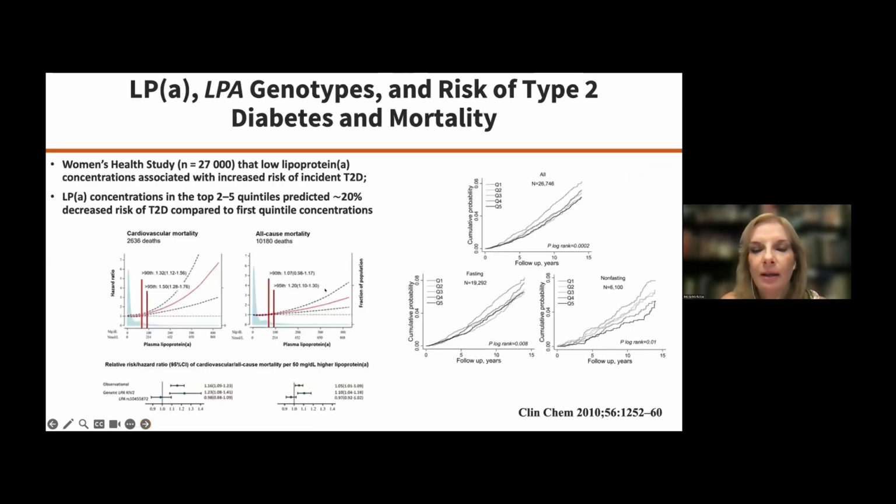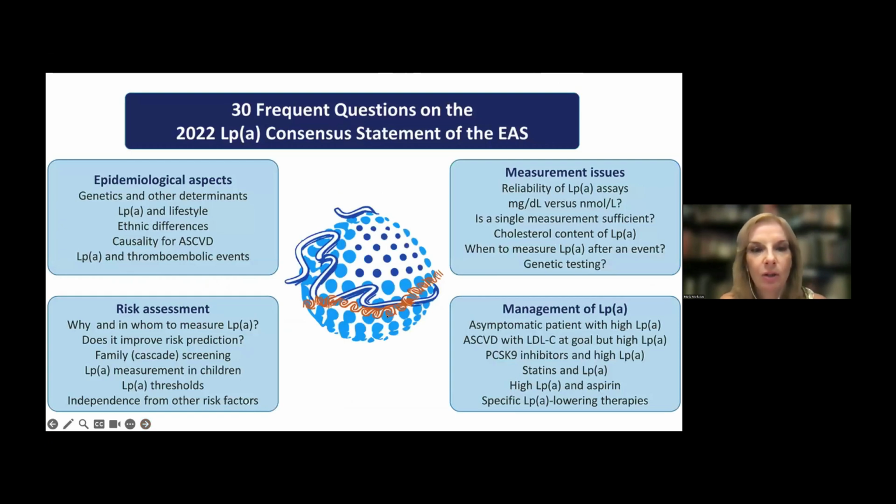Another finding that we cannot explain so far, and it was a surprising finding, from another large population study, is that LPA had an inverse relation with diabetes mortality and incidence of diabetes. Lower LPA levels were related with higher incidence of diabetes. This is something that I should mention, but I cannot explain with the existing literature so far.